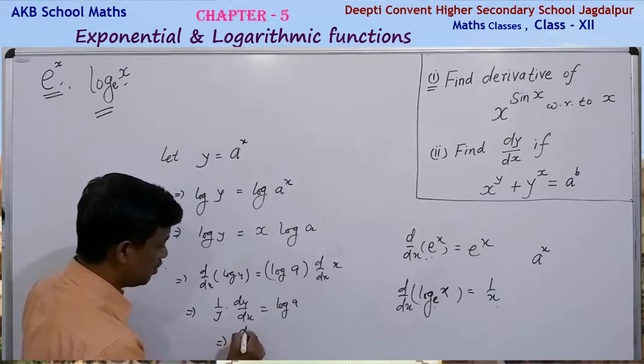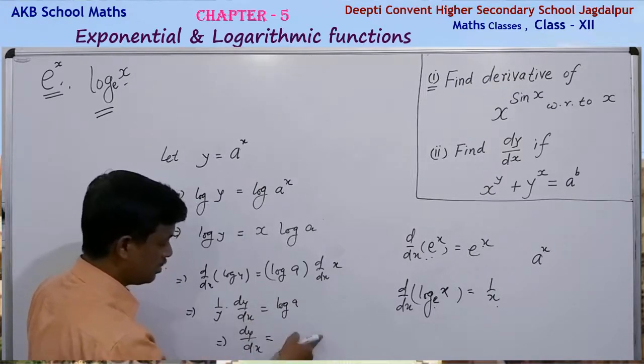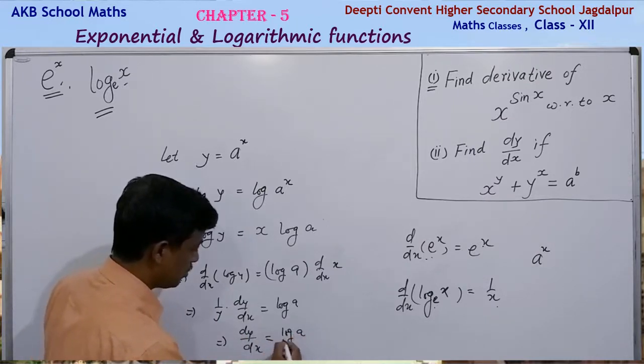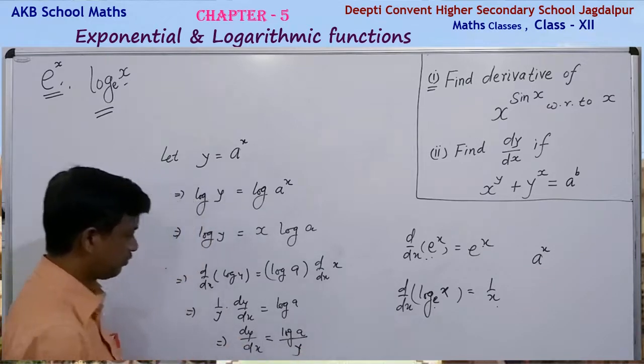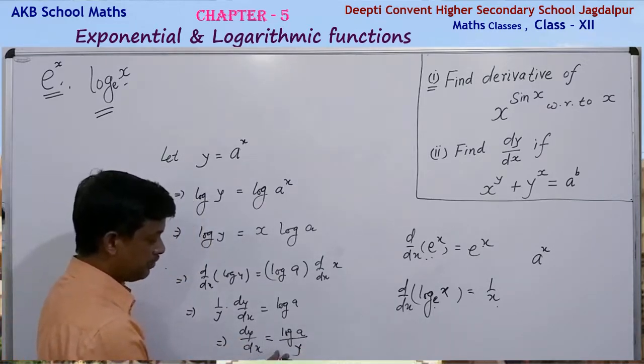So dy by dx equals y log a upon y. Clear?